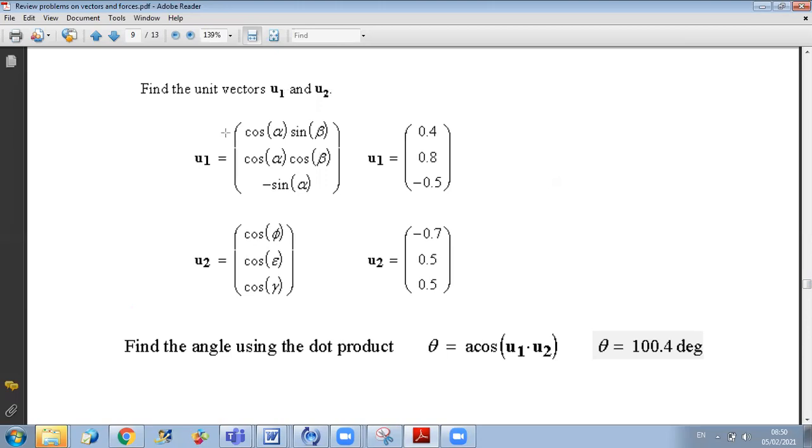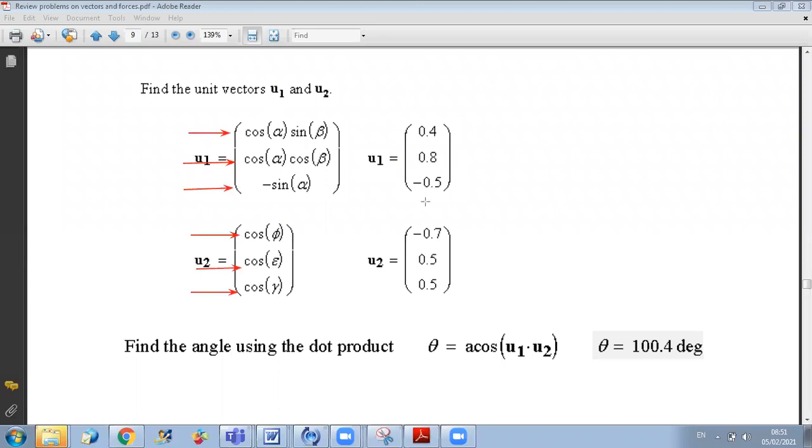So if you remember, we wrote together the components of the unit vector of F1. It was along i, cosine alpha sine beta, along j, cosine alpha cosine beta, and along k, minus sine alpha, okay? While for unit vector 2, the component along x is cosine phi, along y it's cosine epsilon, and along z it's cosine gamma.